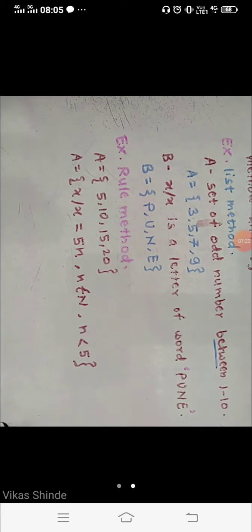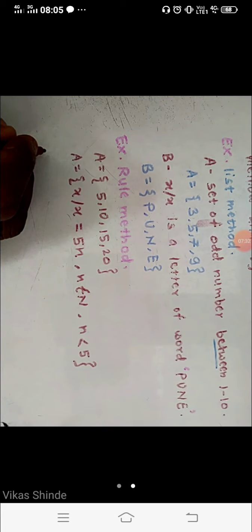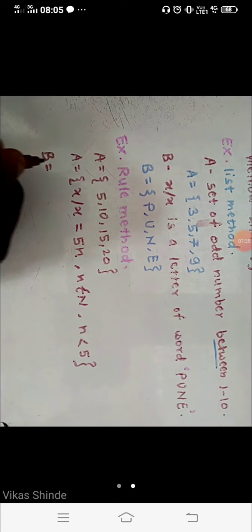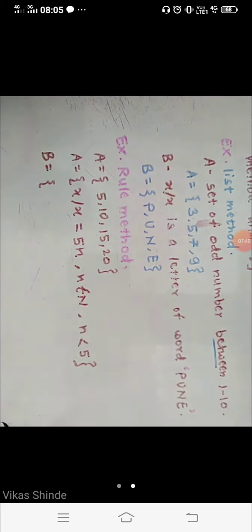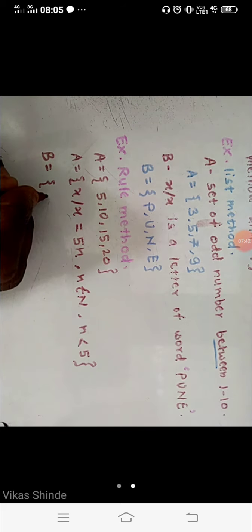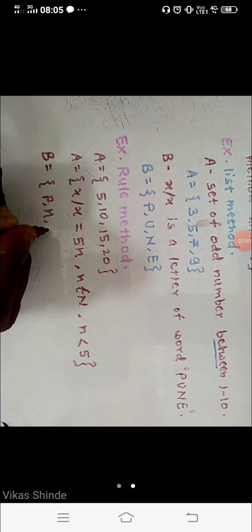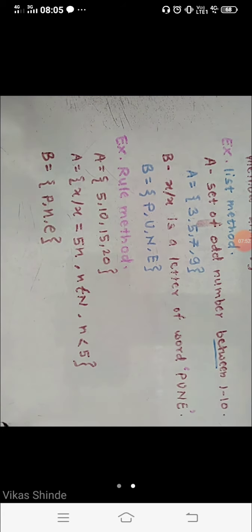This is one. Suppose I am taking another one here. Look here, suppose I write here the second example. Now B here, we have to write the same way by rule method. Here suppose I take some alphabets like P, then E, then N. So we have to make a meaningful word here from the given letters.